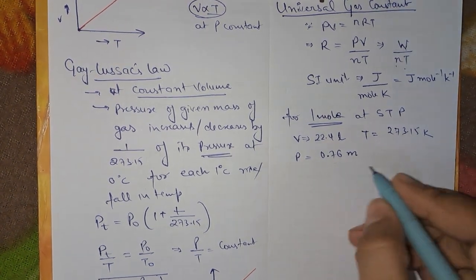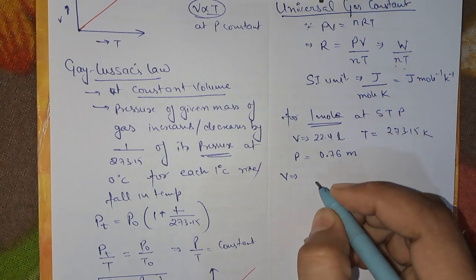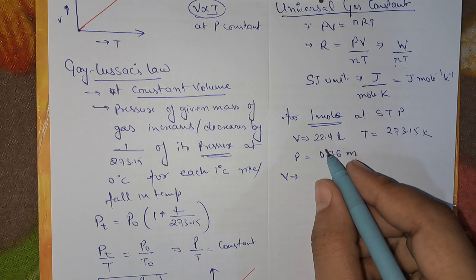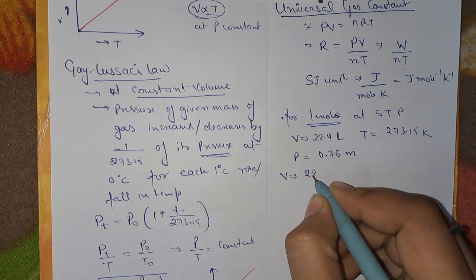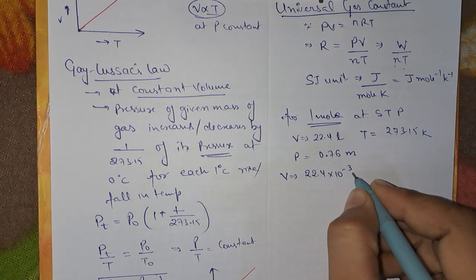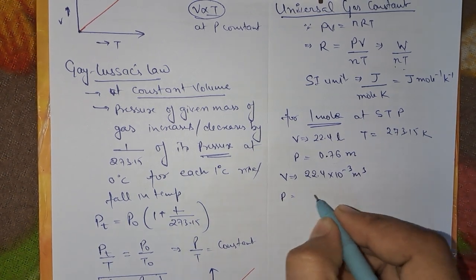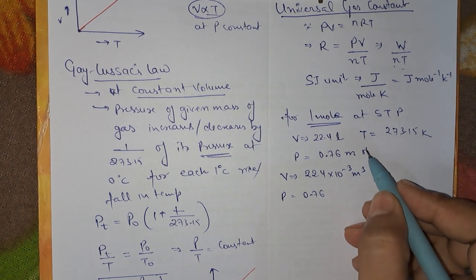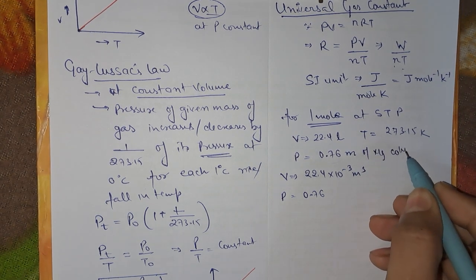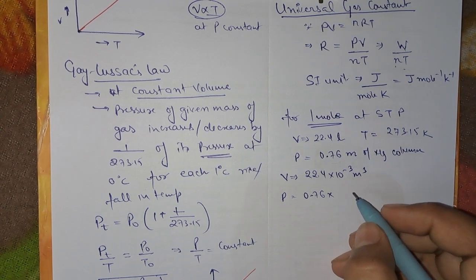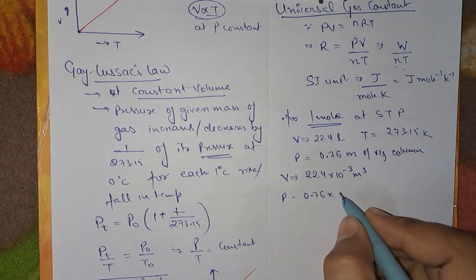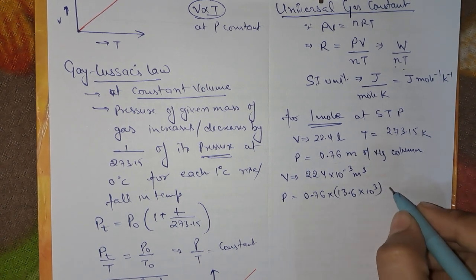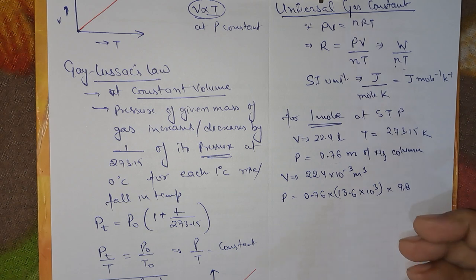Standardizing, the volume 22.4 liter can be converted into 22.4 times 10 to the power minus 3 meter cube, and pressure will be written as h rho g, where h is the height of the mercury column. Here h is 0.76, rho of mercury is 13.6 and g is 9.8.